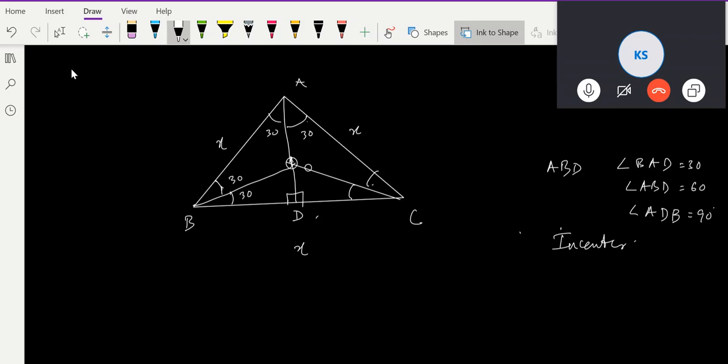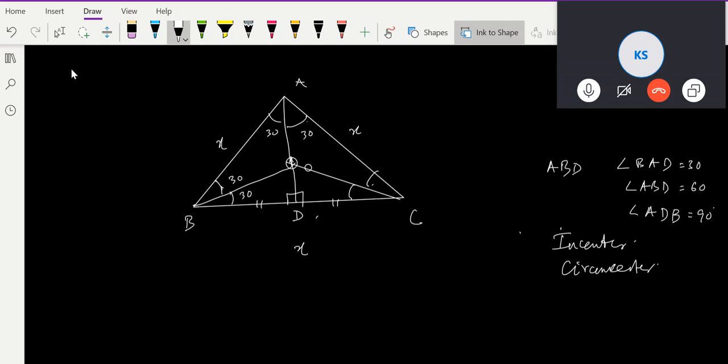Yes. And since it is bisecting the sides also, because AD is the median, so therefore it becomes a circumcenter as well, right? Yes, sir.